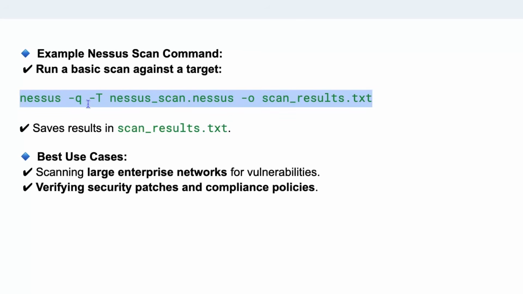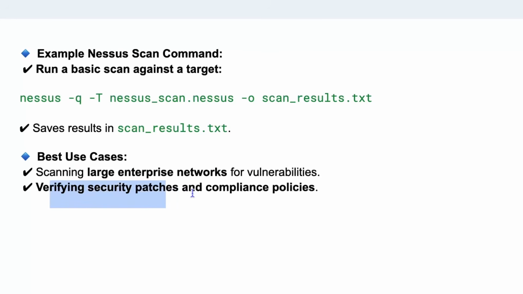So that full command that you see right here will just run a basic scan against whoever the target is, and it'll output the results into the TXT file for you. It can scan large enterprise networks for vulnerabilities, so multiple subnets, for example, verifying security patches and compliance policies, as we've already discussed. And let's get the installation for this one.